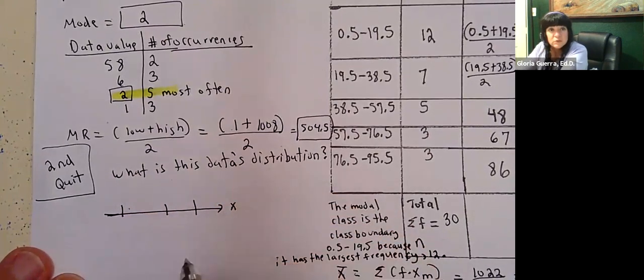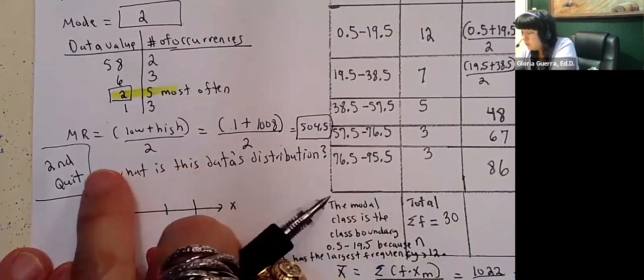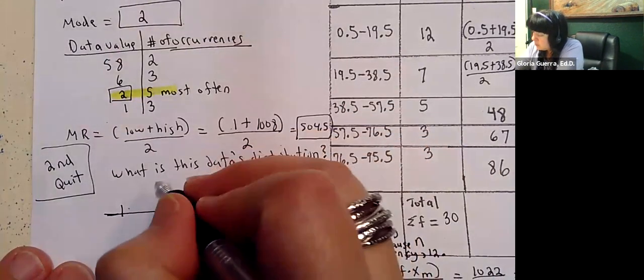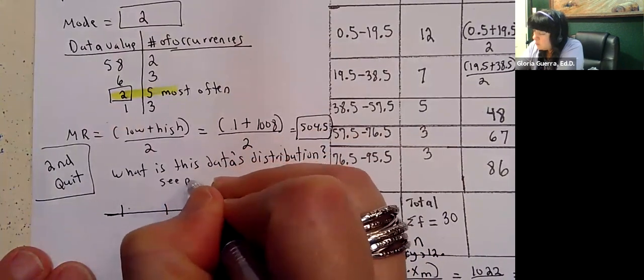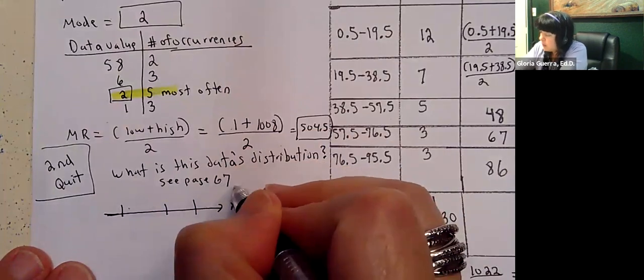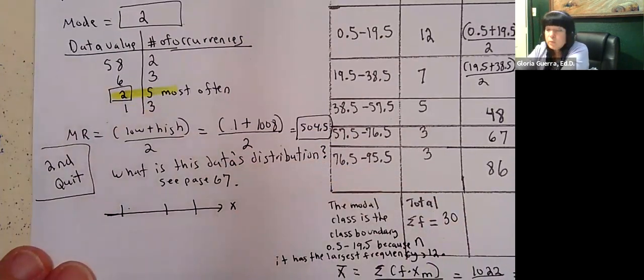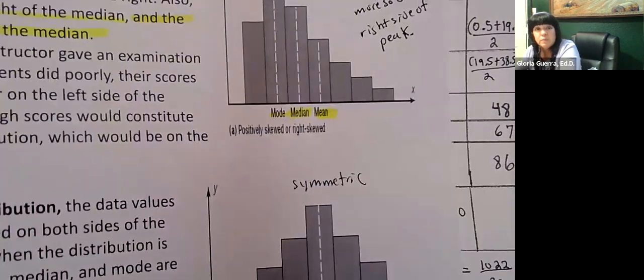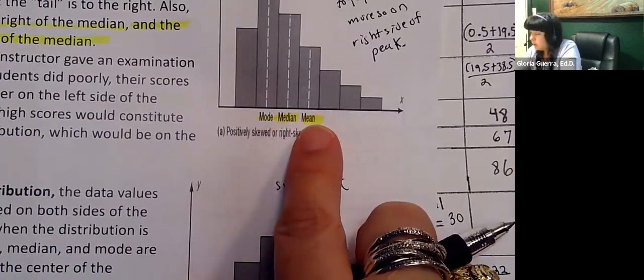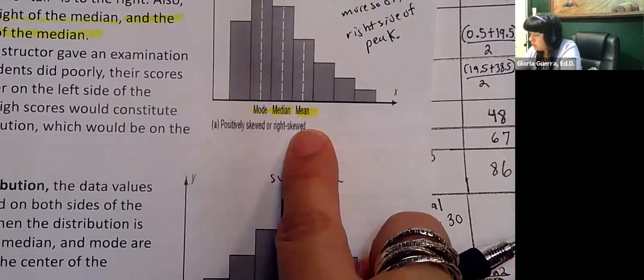So what was the smallest? And we're not using the mid-range. Remember this paper? You want to see page 67 from your workbook. You want to look at your mode, median, and mean, the three M's.